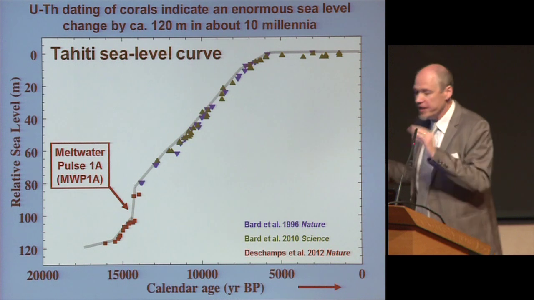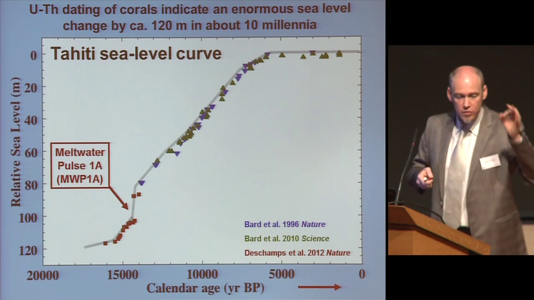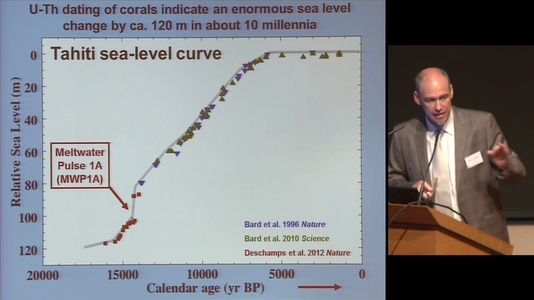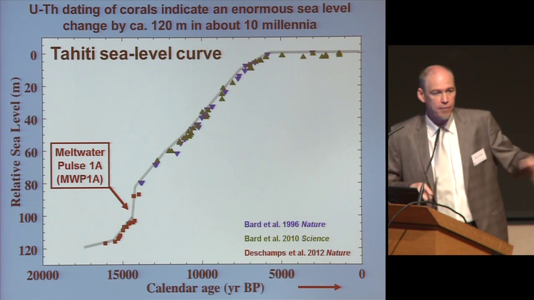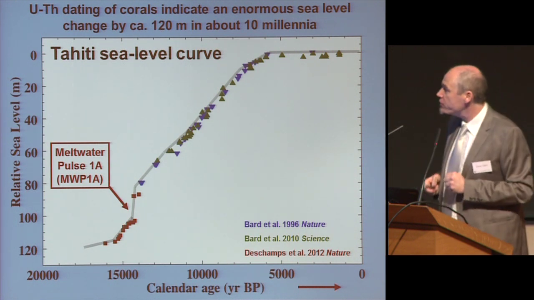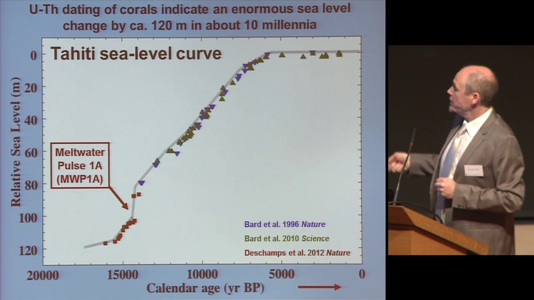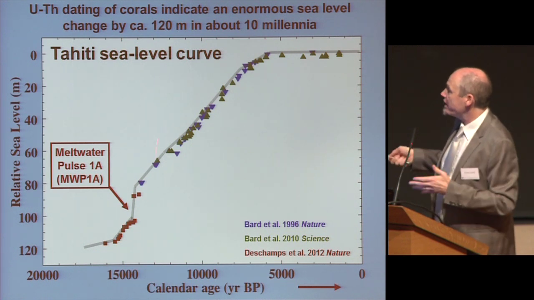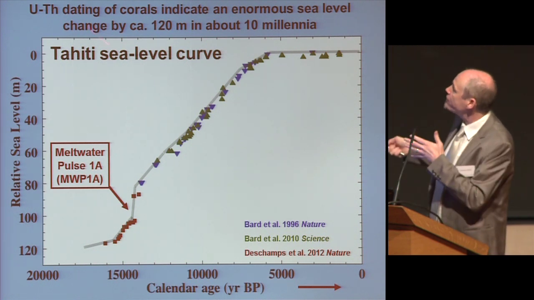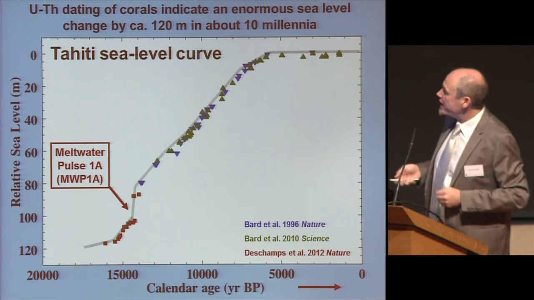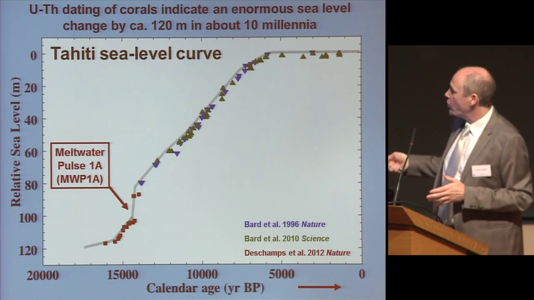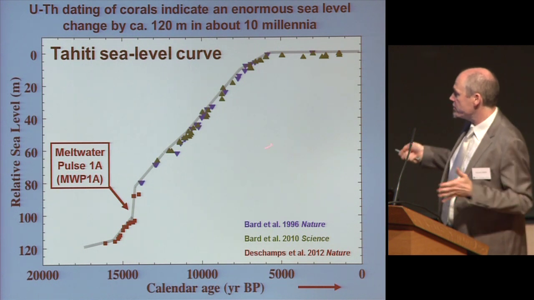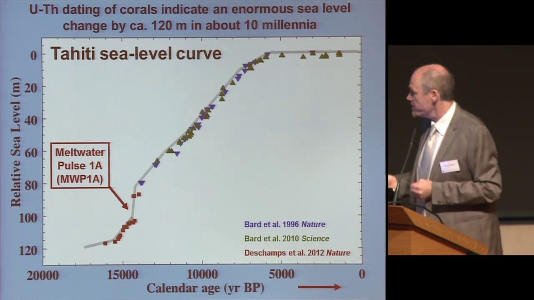As you can see, each point corresponds to one coral that is representing the sea level, and we date it by uranium-thorium and carbon-14 to check that the numbers are correct. And as shown by this sea level curve, we have an enormous sea level change of more than 100 meters over this time period that lasted about 10,000 years, the last deglaciation.